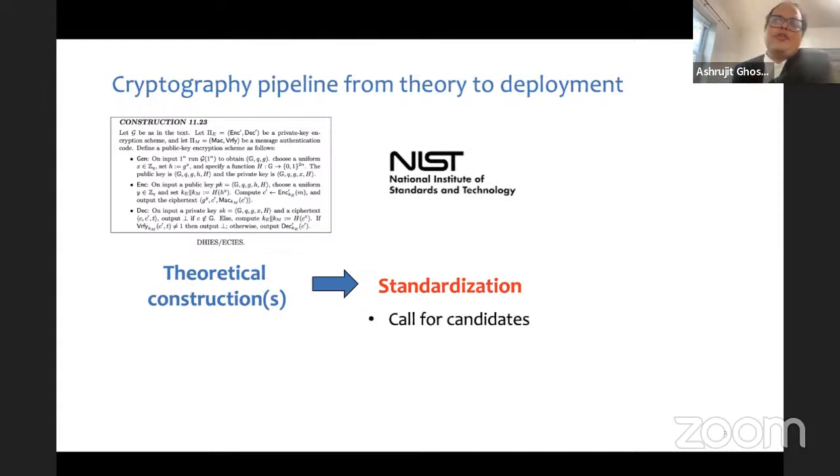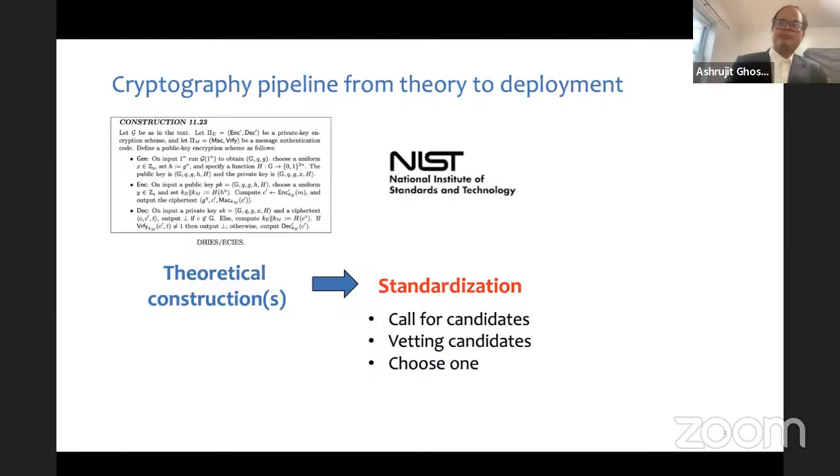They send out a call for candidate constructions for a primitive. Then the submitted candidates, which are publicly available, are vetted for weaknesses, attacks, and flaws by the cryptography research community. This helps whittle down the number of candidates. And after several iterations, NIST finally chooses one or a few of the candidates to be standardized.